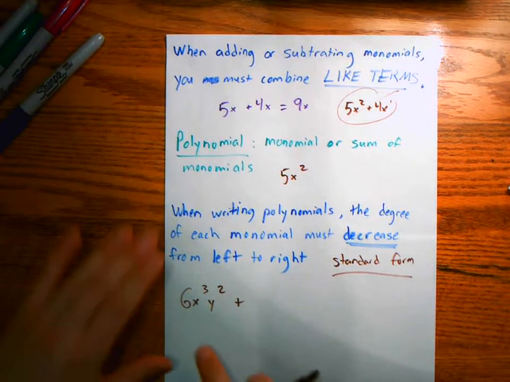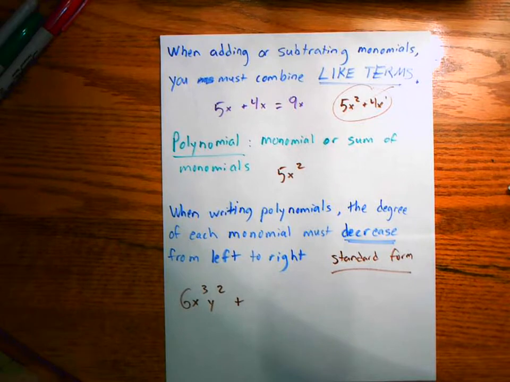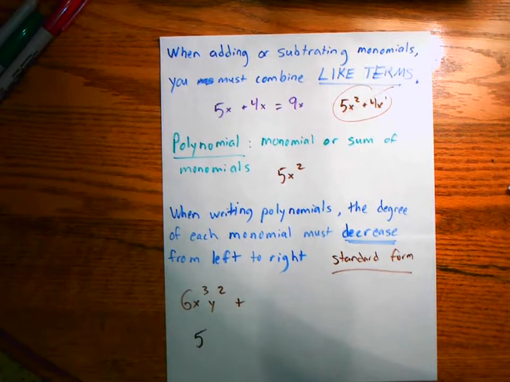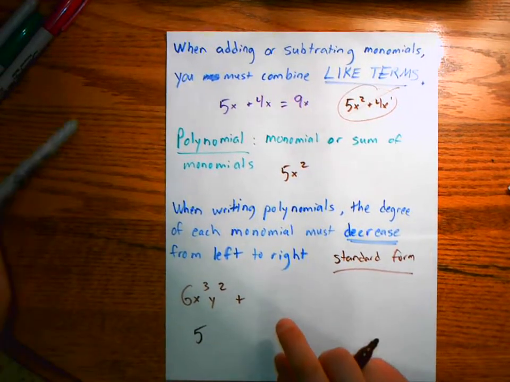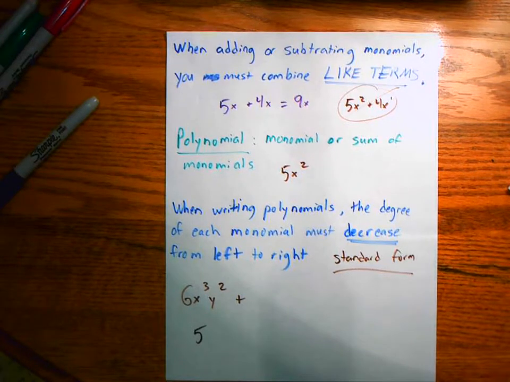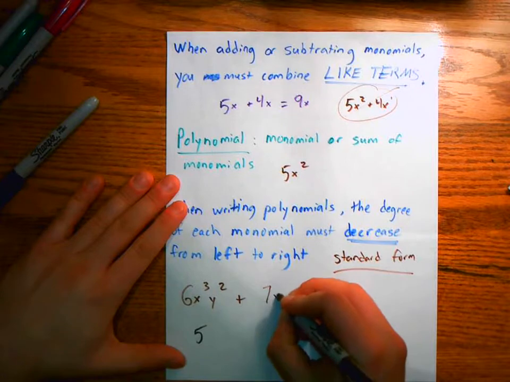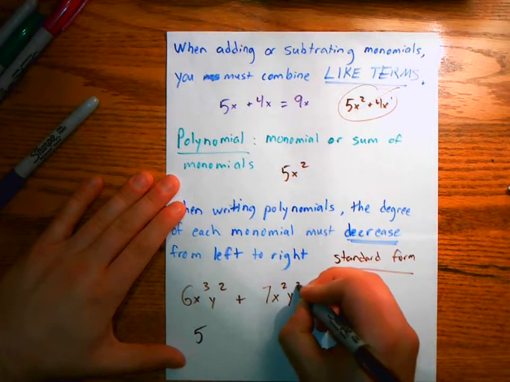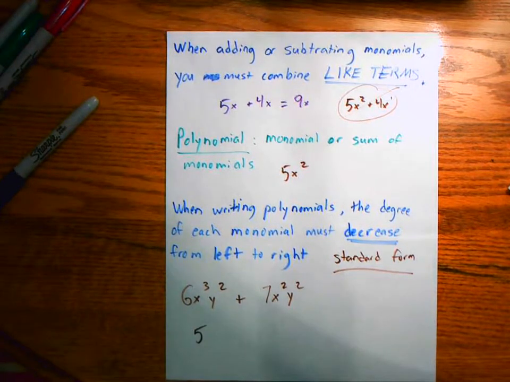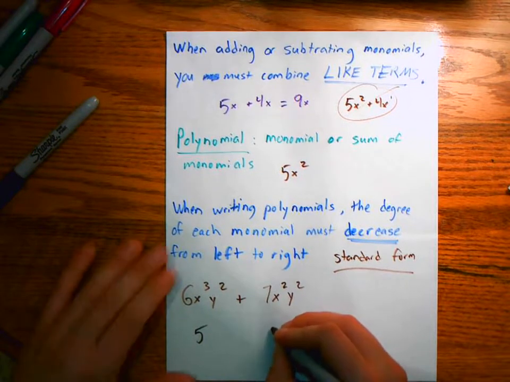Your degree for this one is 5. So that means any term that you have after this in the polynomial can only have a degree of 4 or lower. So let's say we have a term with a degree of 4, it would be x squared y squared. That degree is 4 since the exponents are 2 and 2. And then it just keeps going on, no matter what your monomials are.